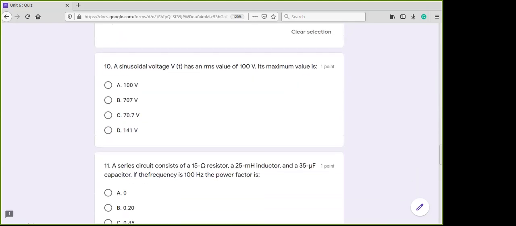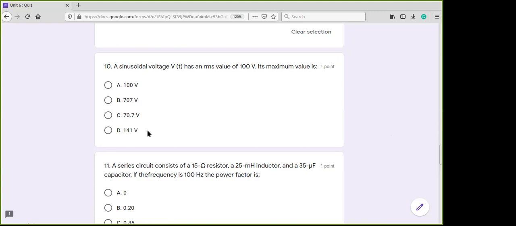Then let's see question number 10. A sinusoidal voltage has RMS value of 100 volts. Its maximum value is V peak. What is V peak? VRMS over 0.7 will be 141.